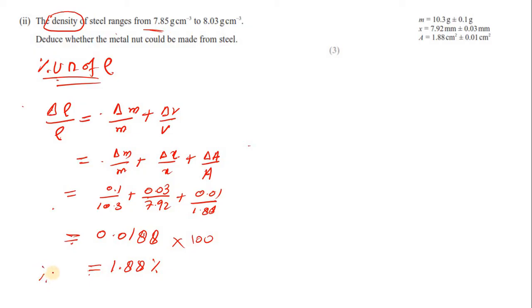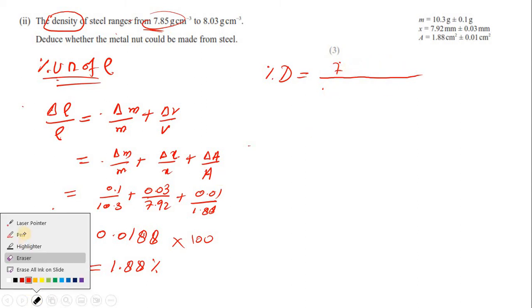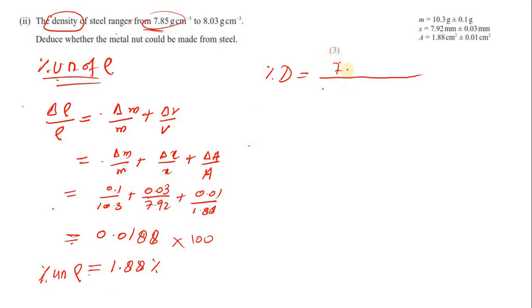Now let's talk about percentage difference. Percentage difference uses a standard value, and I'm going to take the smallest one first. So 7.85, minus the calculated density.